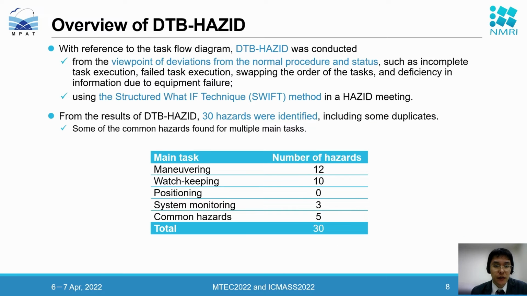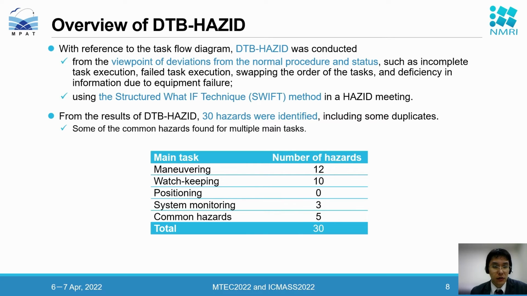With reference to the task flow diagram, dynamic task-based hazard identification was conducted from the viewpoint of deviations from the normal procedure and status, such as incomplete task execution, failed task execution, swapping the order of the tasks, and the deficiency in information due to equipment failure. And dynamic task-based HAZID was conducted using a structured what-if technique in a HAZID meeting.